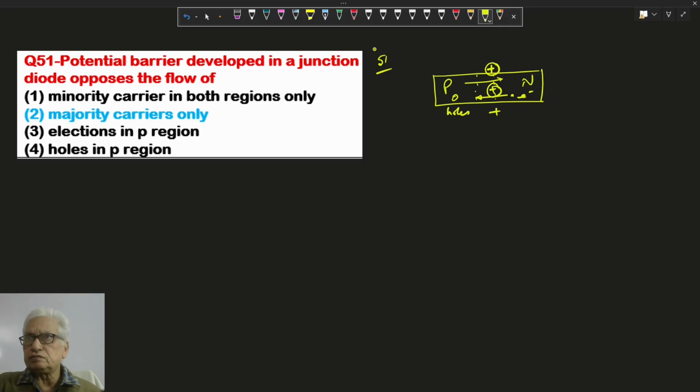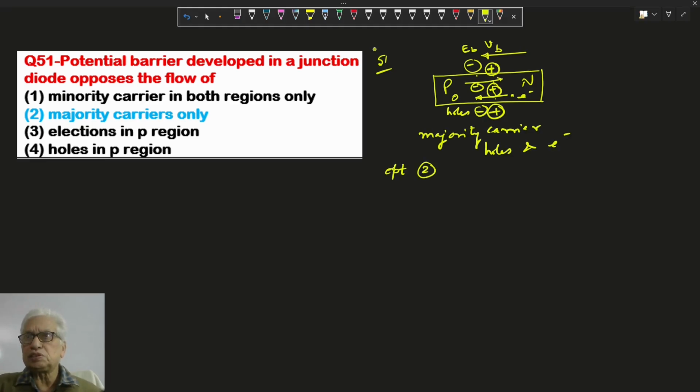Positive immobile ions on one side, negative ions on the other side developed, and because of this a barrier voltage or electrical field barrier developed here from N region to P region. So a barrier voltage developed across the junction; the majority carriers in a p-n junction diode are holes and electrons. It means option 2 is correct.